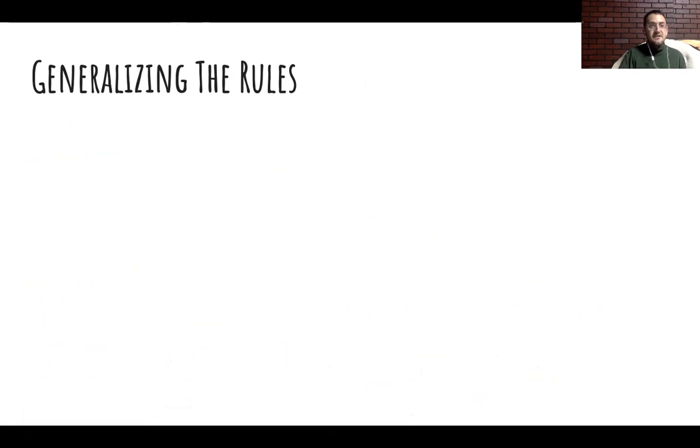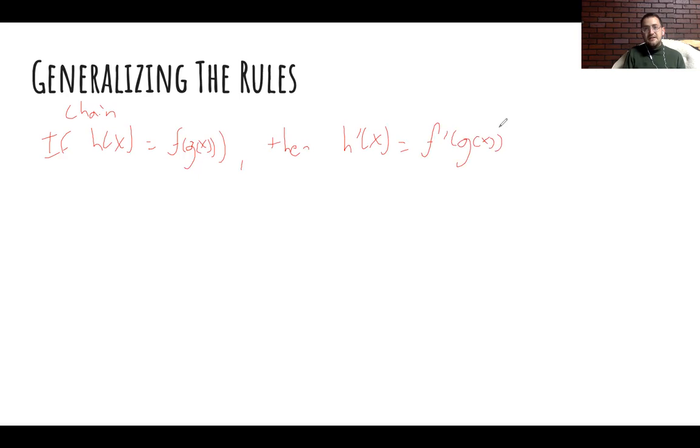So if h of x equals f of g of x, then h prime of x equals f prime of g of x times g prime of x. The parentheses are looking good there, so you'll get to see in a minute how this chain rule will work.